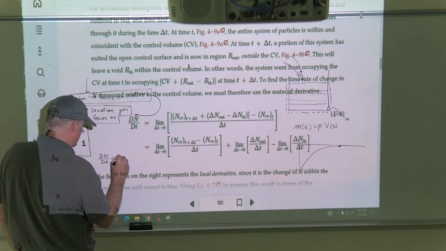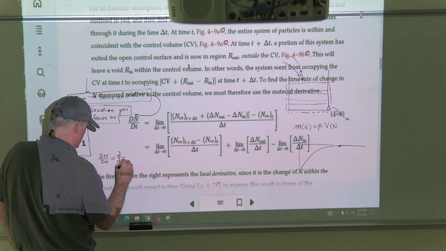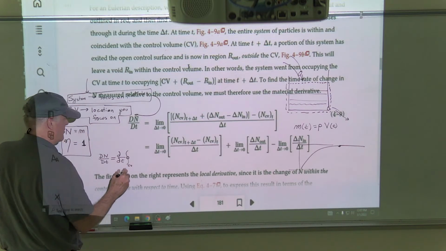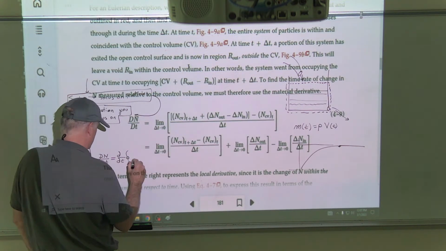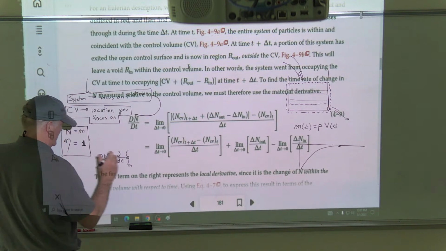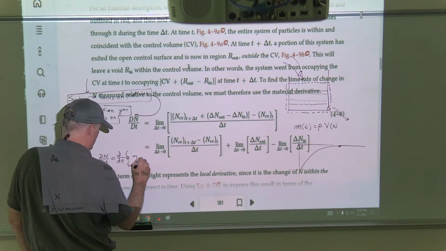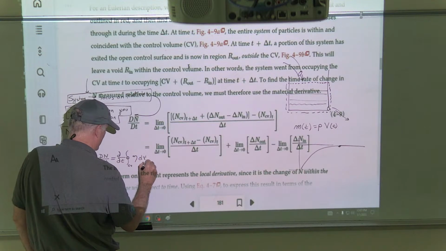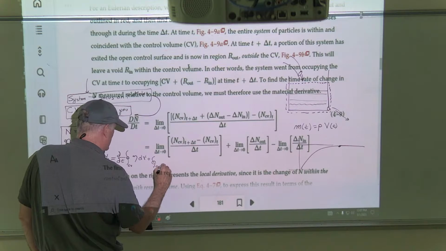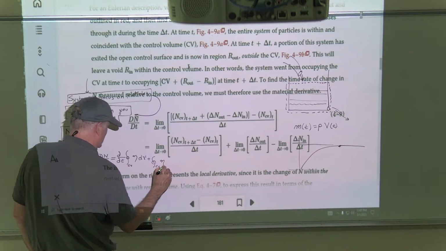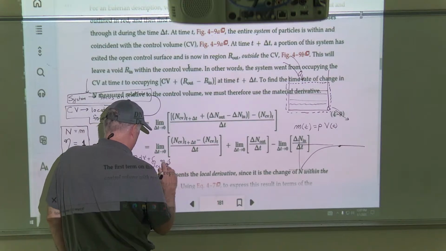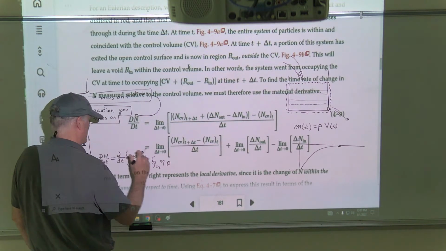Equals the time rate of change of the integral over the control volume, times this term, d volume, plus the integral over the entire control surface of that same thing, and then rho, because the density has to be in there too.